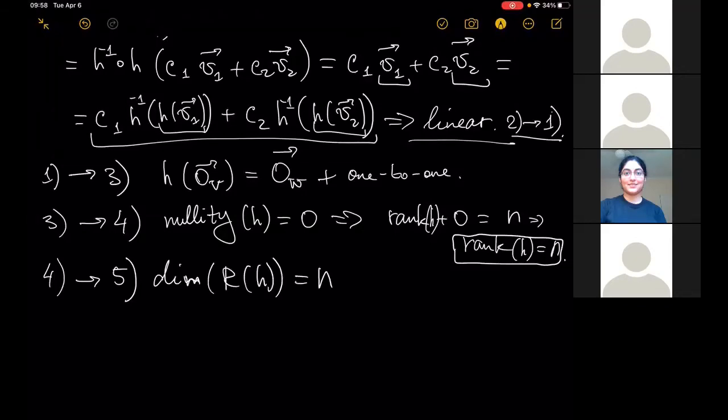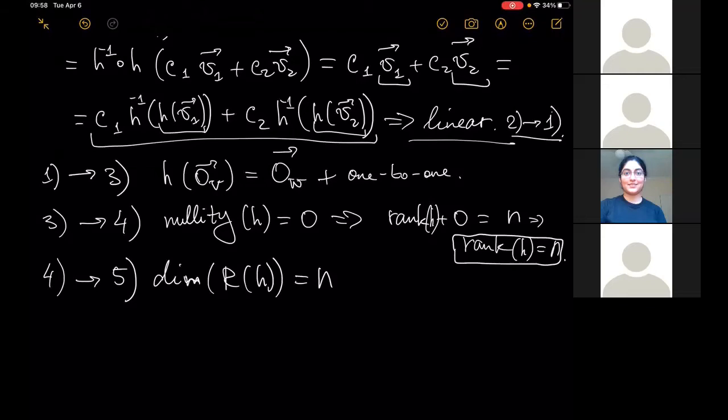By definition, because rank is the dimension of the range. What does it mean? It means that in the range, a basis has n vectors.